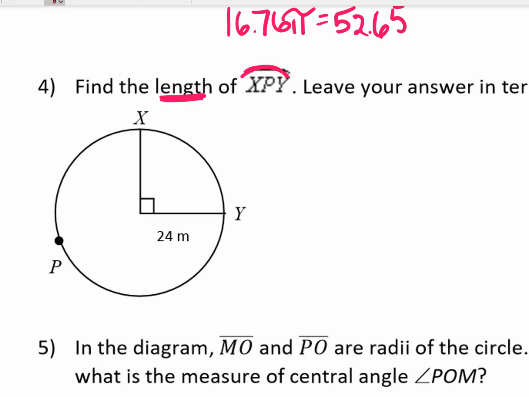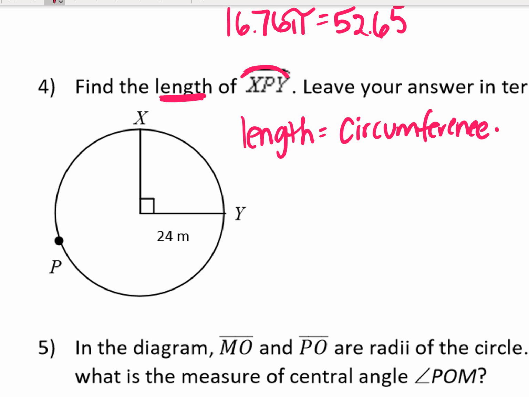Whereas a degree measure is, I mean, it can be measured, but it's not going to change no matter what size your circle is. So length is your circumference times the arc measure and divide it all by 360.